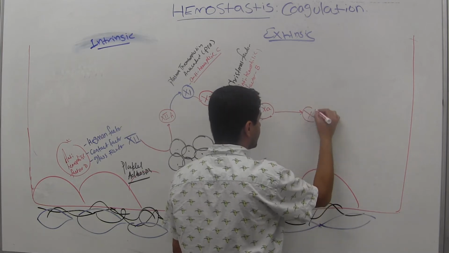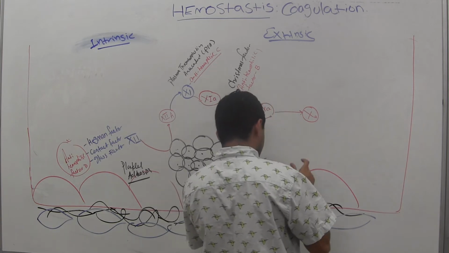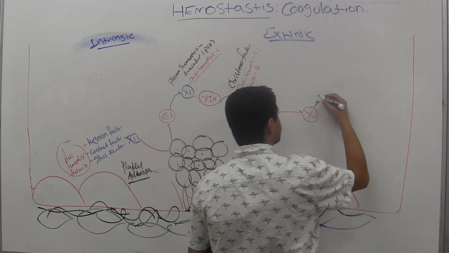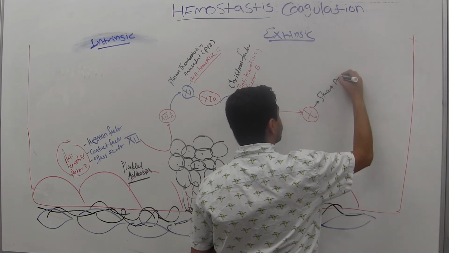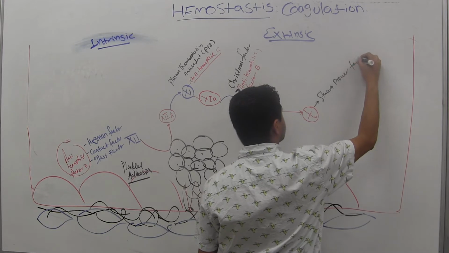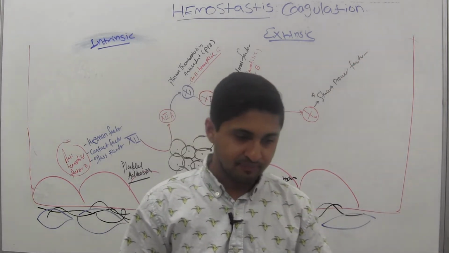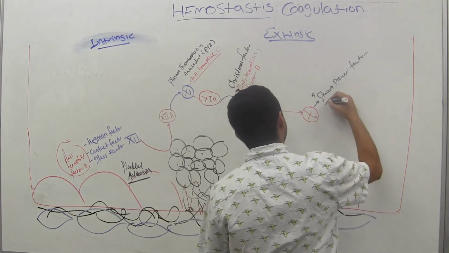And what is factor number 10? It's called Stuart-Prower factor, they call it. I don't know who gave this name. Or there's another name, it's called thrombokinase as well.